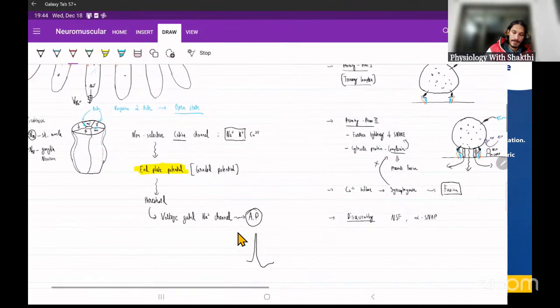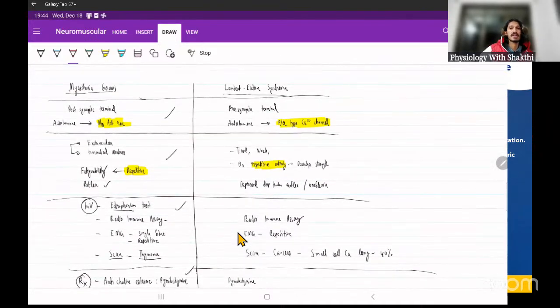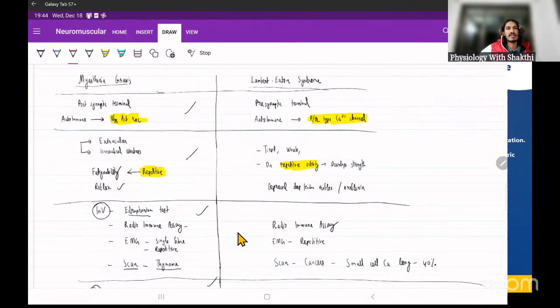The next question is myasthenia gravis versus Lambert-Eaton. First you have to talk about where the abnormality is. In myasthenia gravis, the abnormality is in the postsynaptic terminal. In Lambert-Eaton, the abnormality is in the presynaptic terminal. Myasthenia gravis is an autoimmune disorder where autoimmunity attacks its own cells.